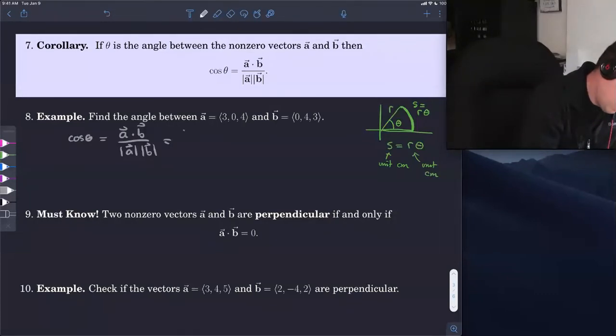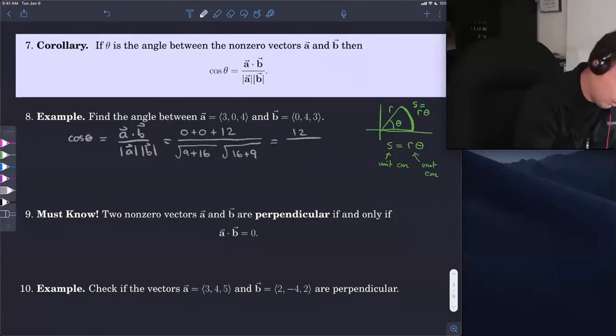That's 3 times 0 is 0, plus 0 times 4, which is 0, plus 4 times 3, which is 12, divided by the length of A, which is the square root of 9 plus 16, and the length of B, which is the square root of 16 plus 9. So in both of those cases, that's going to be the square root of 25, the square root of 25.